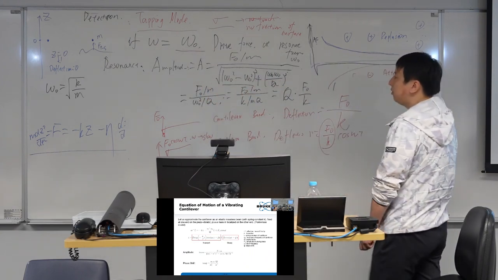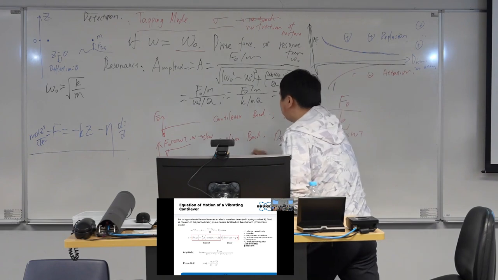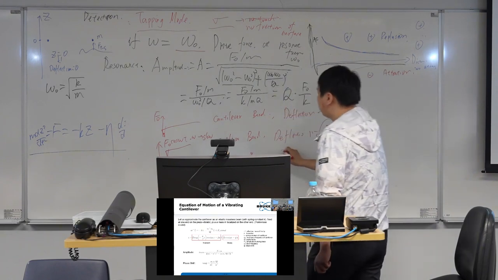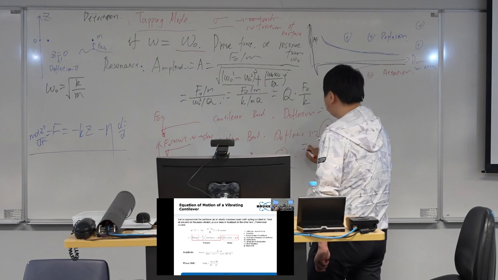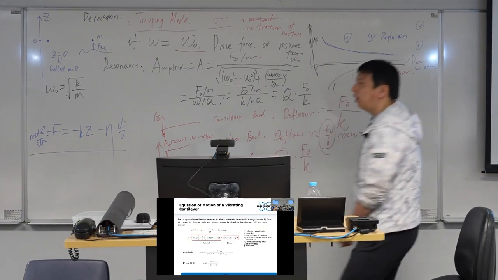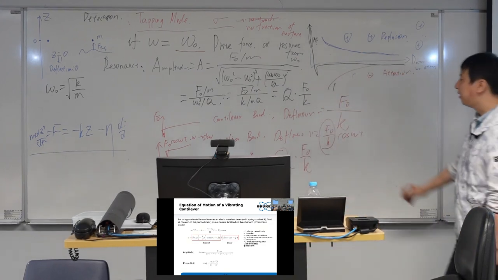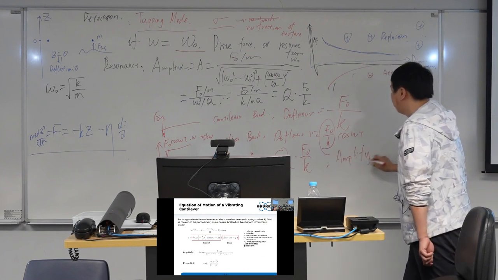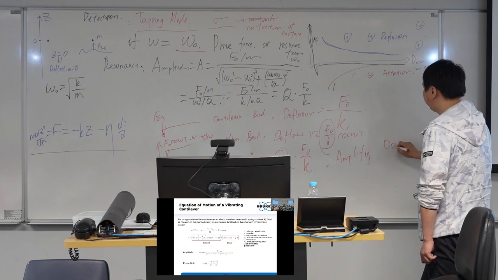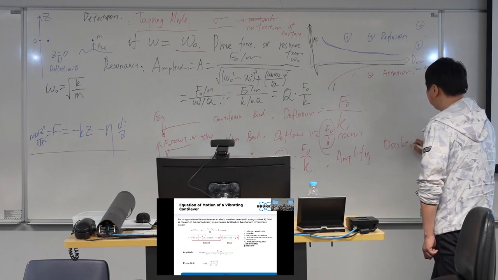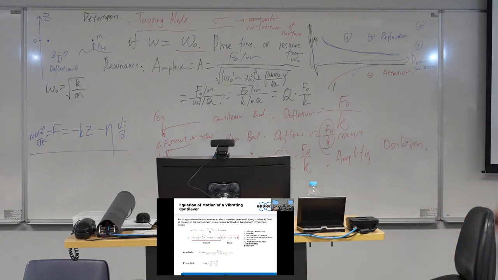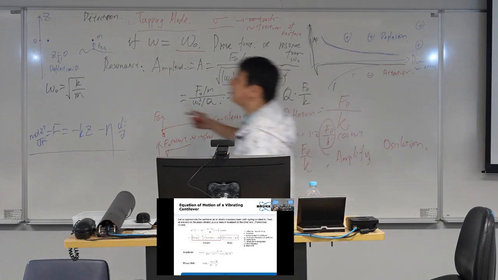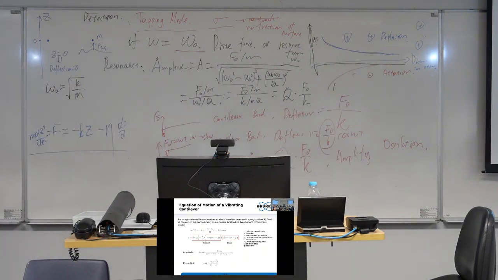What we get is the amplitude equals Q times F0 divided by K. So it means we amplify the oscillation. This phenomenon, we call it resonance. That's what this slide tells us.